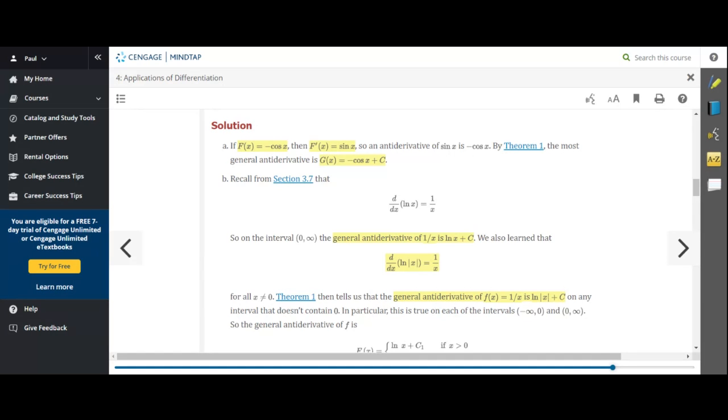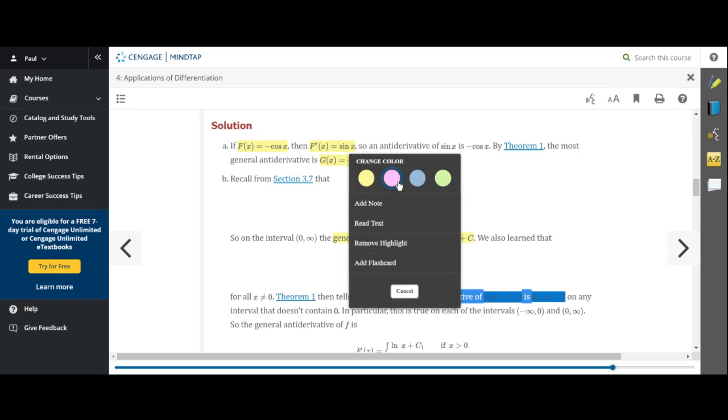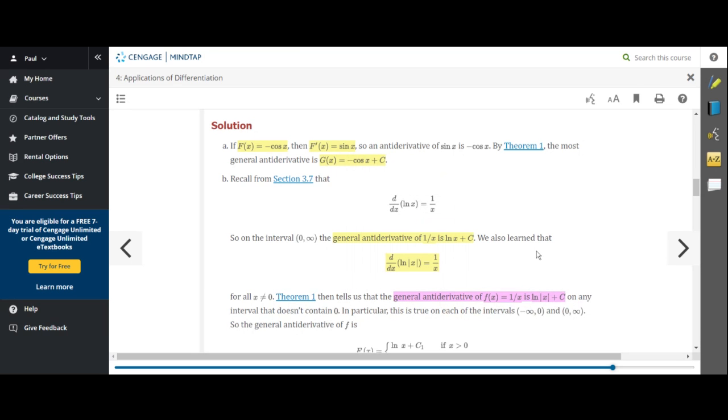If you look in section 3.7, example 6, they established that the derivative of the log of the absolute value of x equals 1 over x. And therefore, the general antiderivative of 1 over x is equal to the log of the absolute value of x plus a constant.